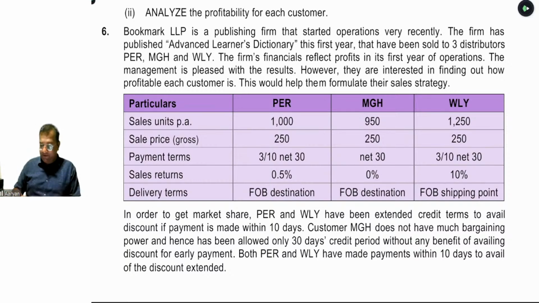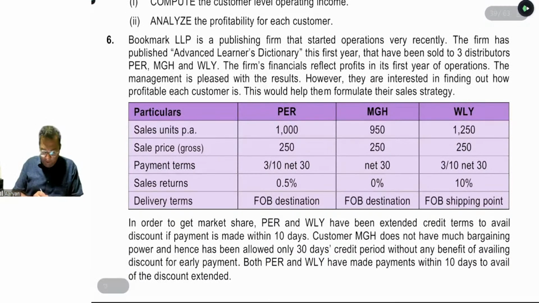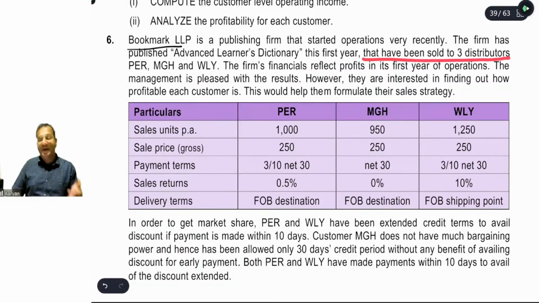Bookmark LLP is a publishing firm that started operation very recently. The firm has published Advanced Learner Dictionary this first year that has been sold to 3 distributors, and distributors are our customers. The product name is Advanced Learner Dictionary, PR, MGH and WLY.